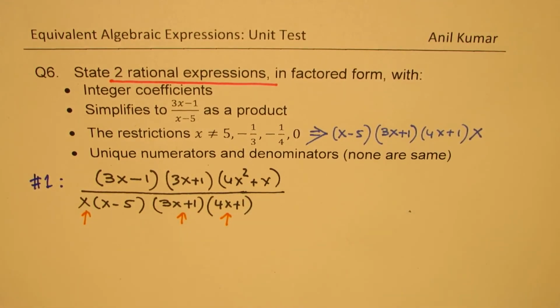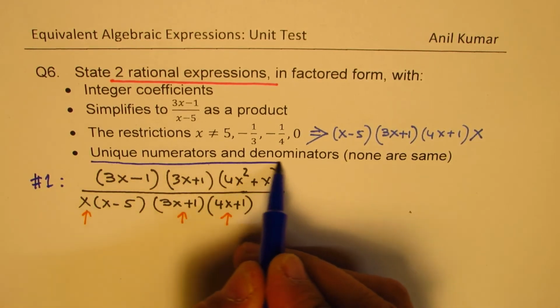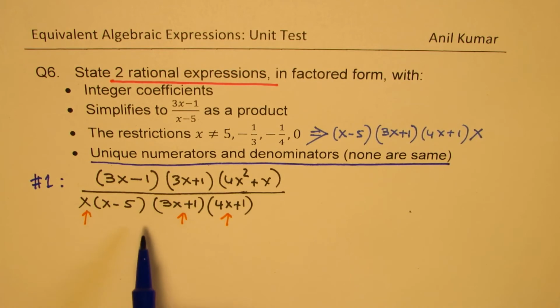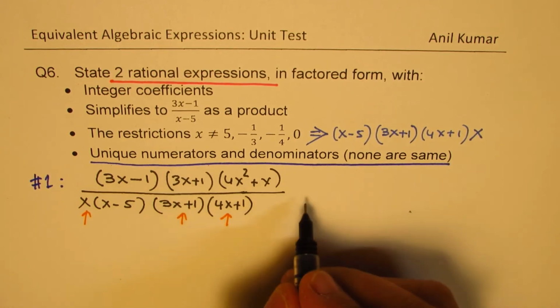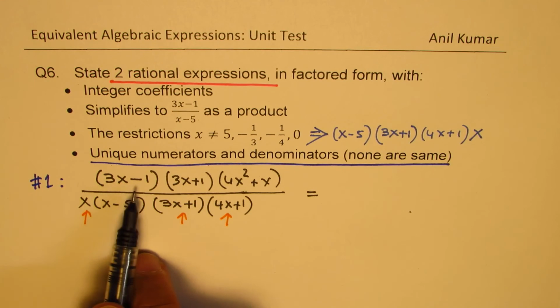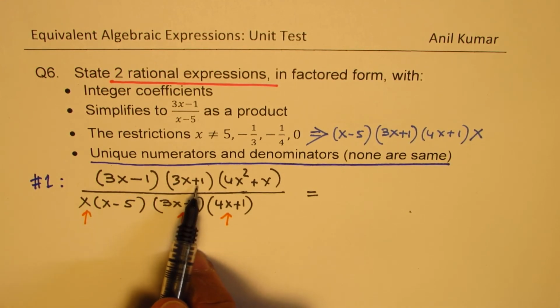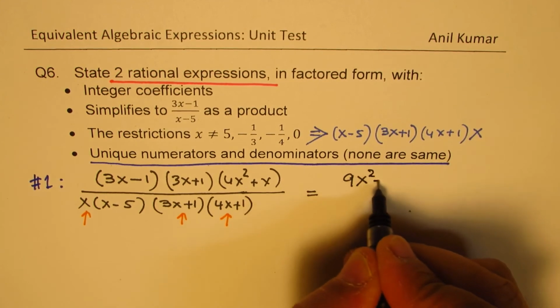Now note, it says unique numerators and denominators, none are same. Now we have written this as same. Do you see that? So that doesn't really work out. Therefore, we'll write this expression not as this. This is not our answer. But you see 3x minus 1 times 3x plus 1 is a difference of squares. So we could write this as 9x squared minus 1.